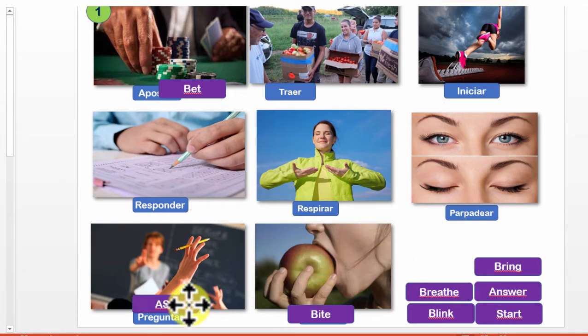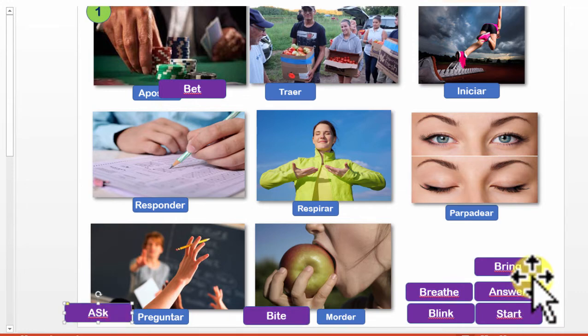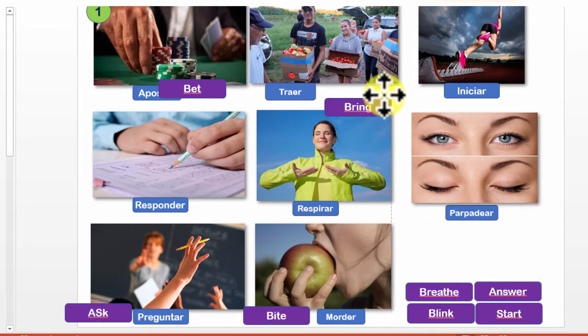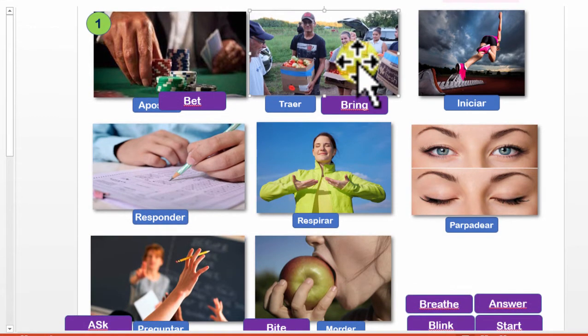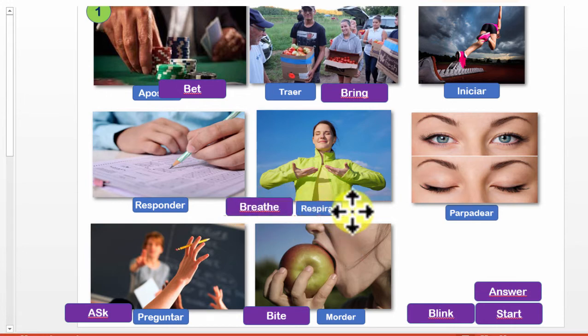Ask, ask is preguntar, ask. So let me put it on the side so the way you can see. Alright, so we got ask, que es preguntar. Then we got bring, que es traer. Then we got breathe, que es respirar.